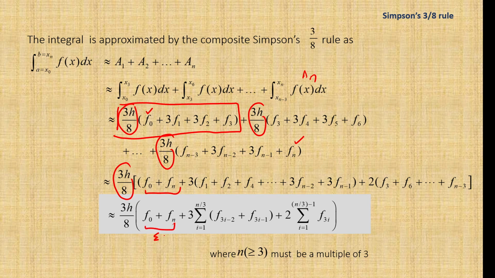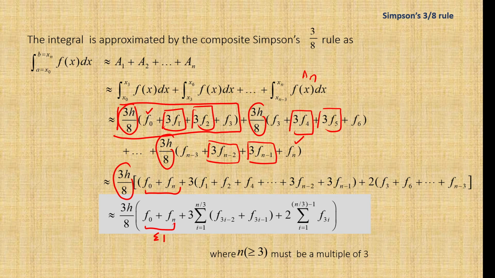This is what we put in the first column: f0, fn for trapezoidal, Simpson 1/3, Simpson 3/8 is the same in the first column, only 1 time. Then you have 3f1, 3f2, 3f4, 3f5, and here 3f1, 3f2, 3f4, 3f5, 3 times f(n minus 2), 3 times f(n minus 1).